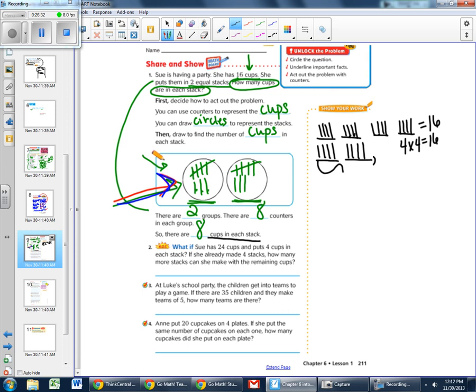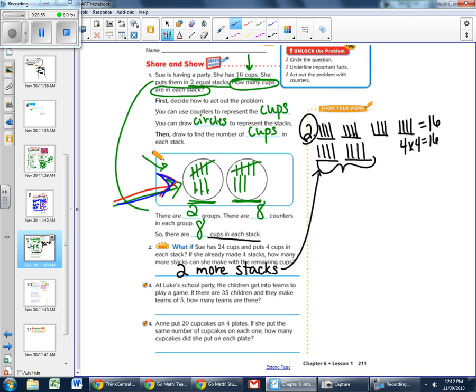How many more stacks does she need? She needs 2 more stacks. And since I did this in my beautiful white space, there's my work that if I need to go back, it'll be super easy.